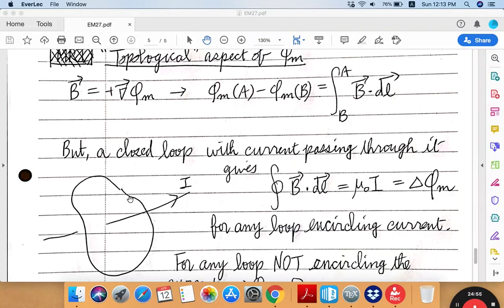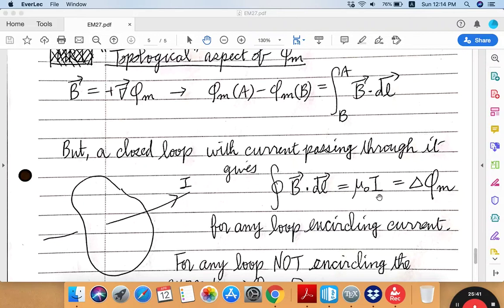Now, if this magnetic potential was a single valued function of the position, so that at every location in space you only have one possible value assigned to the magnetic scalar potential, then obviously since you start and end at the same place, the difference has to be zero, which would be incompatible with this other important conclusion of magnetostatics, that the line integral of the magnetic field equals some non-zero value equal to the current passing through it.